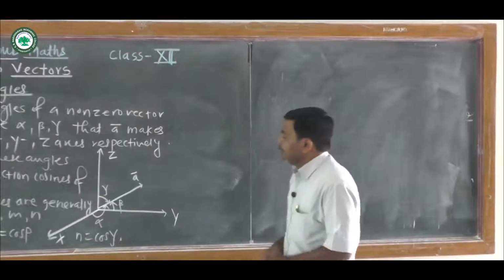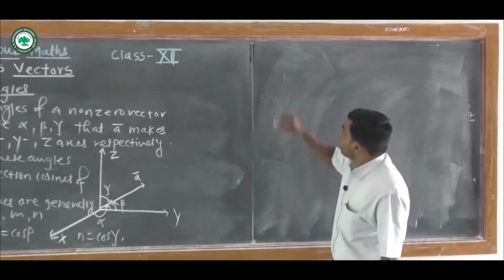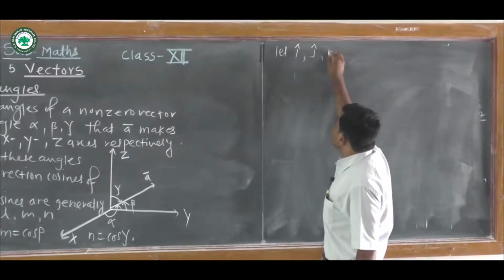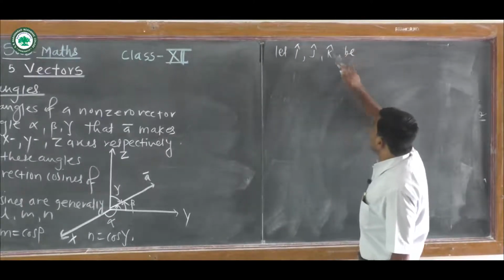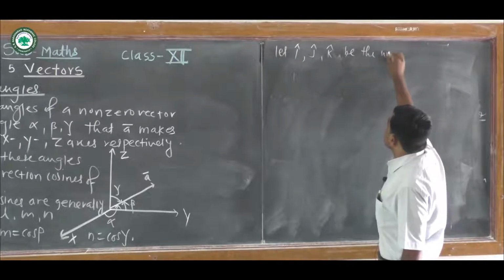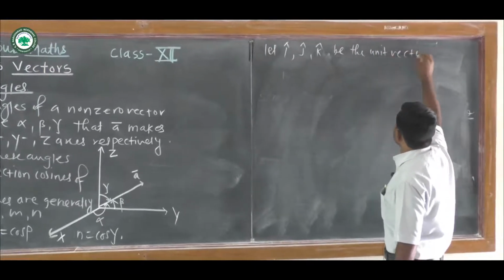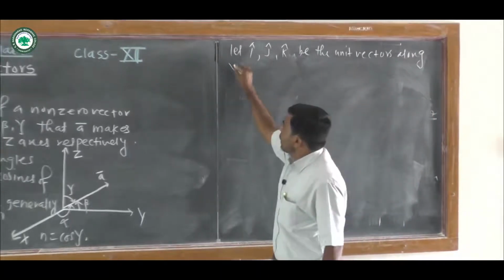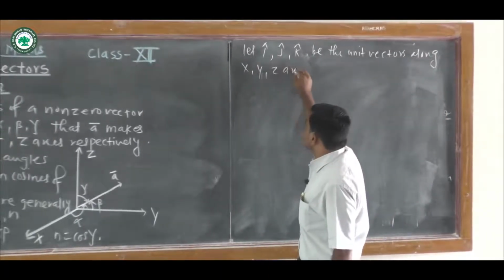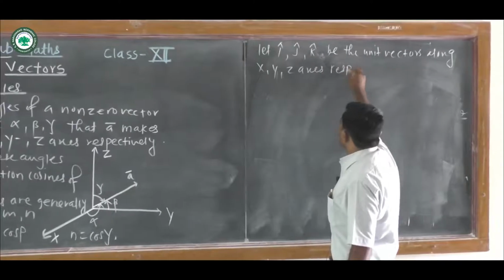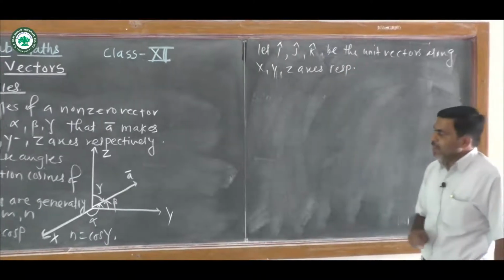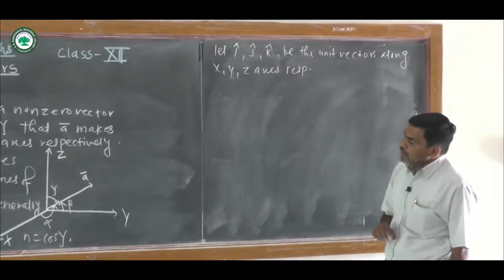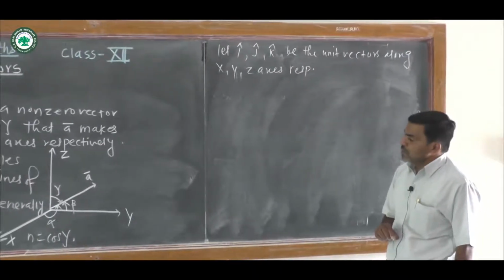See, let i cap, j cap, k cap be the unit vectors along x, y, z axis respectively. It means that i cap is the unit vector along x axis, j cap is the unit vector along y axis, and k cap is the unit vector along z axis.